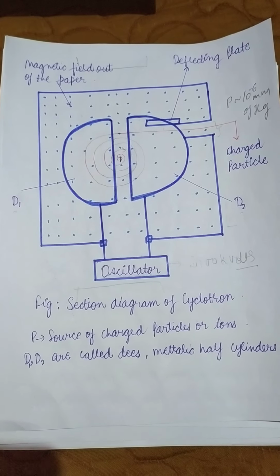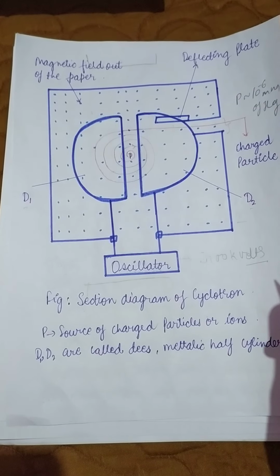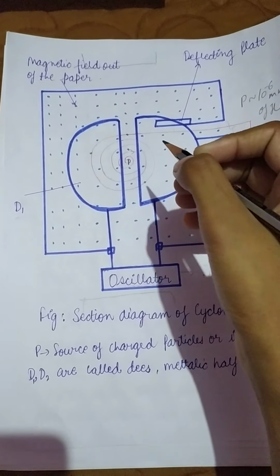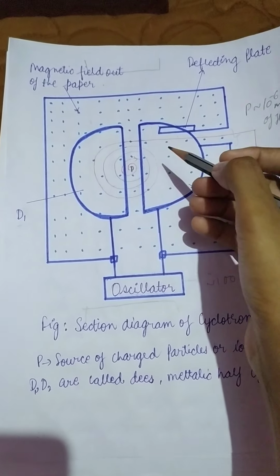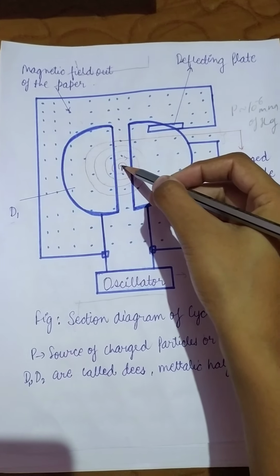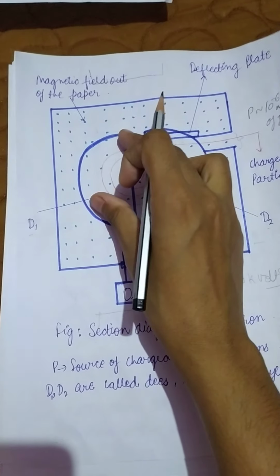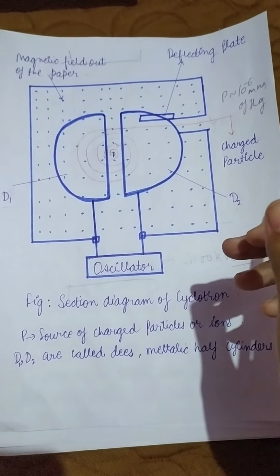Now let us discuss the working of the cyclotron. Suppose we have a positively charged particle, say a proton. This proton enters in between the two D's here, and we have kept this D1 as a negatively charged plate.